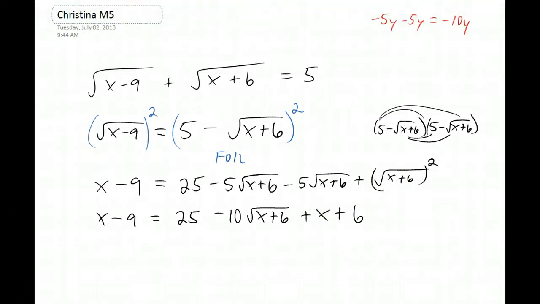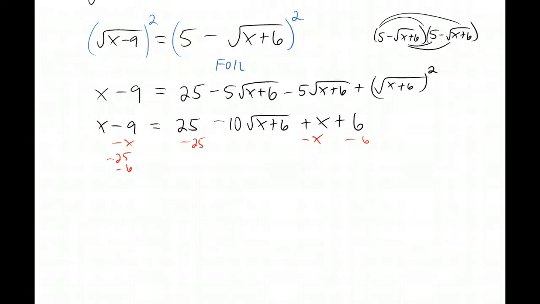Now, that is something that you can simplify. Oh, let's see. You can actually subtract x from both sides of the equation because there's an x here and there's an x here, and you end up canceling both of those x's out. You can also subtract 25 from both sides of the equation and subtract 6 from both sides of the equation.